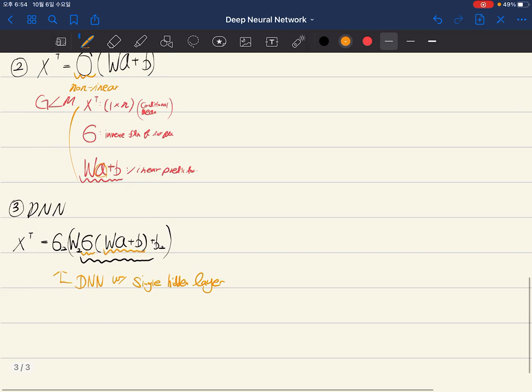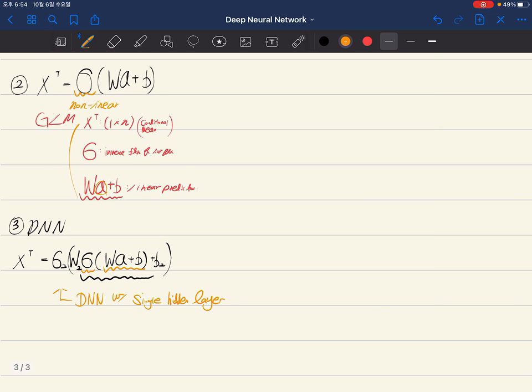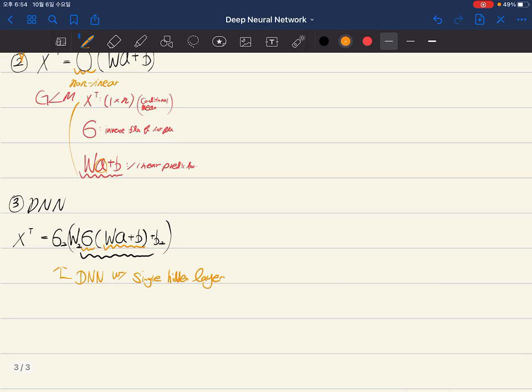And analogous to the second case, the third case can be understood as a nonlinear regression problem.